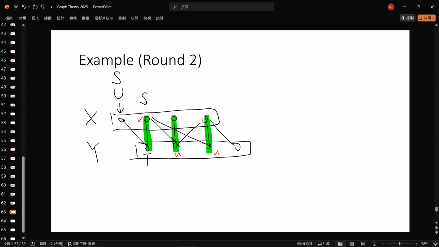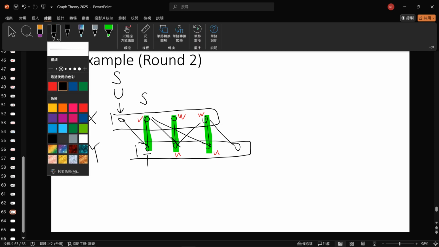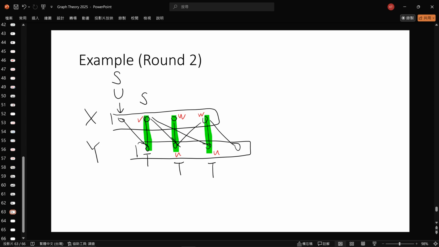Both vertices are saturated by the matching M. So this means we can find an edge in the matching that brings us up to X. So we have this W, and also we have to add these two vertices U to the set T, and these two vertices W to the set S. And this finishes the second round.